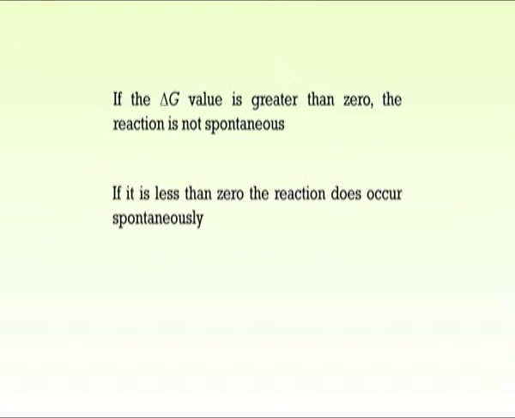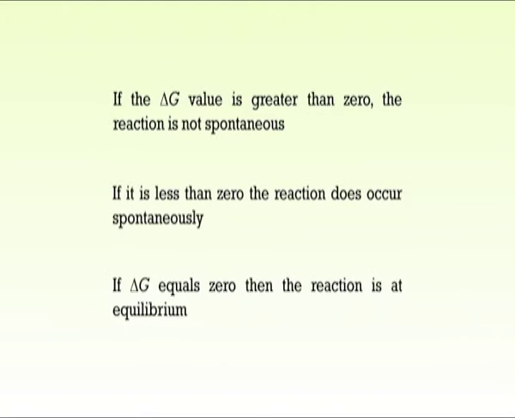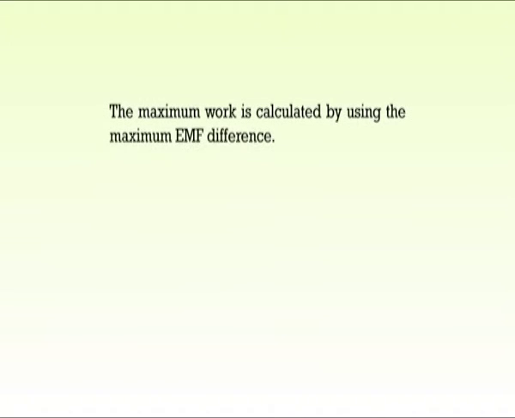If it is less than 0, the reaction does occur spontaneously, and if delta G equals 0, then the reaction is at equilibrium. The maximum work is calculated by using the maximum EMF difference. Therefore, we have here delta G equals minus W, which is minus Q delta E.